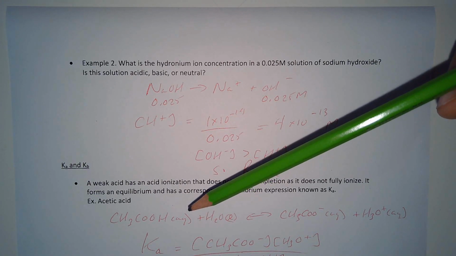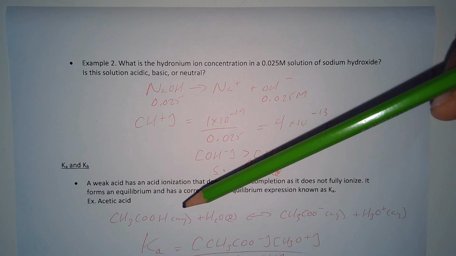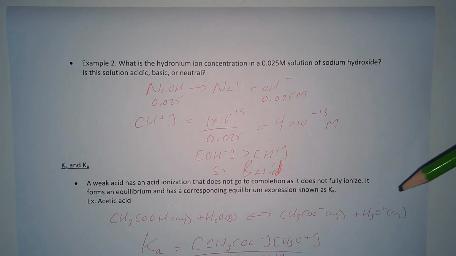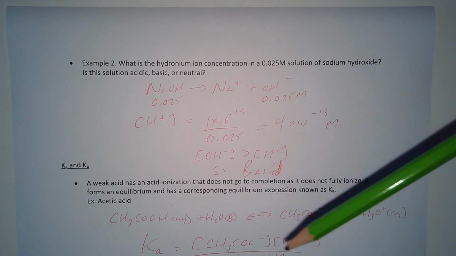So the weaker the acid is, the more of the original will stay as is, and the less of the hydronium ion will be produced. Okay, so the stronger it is, the more of the hydronium ion will be produced, and the less of the original acid you'll have.